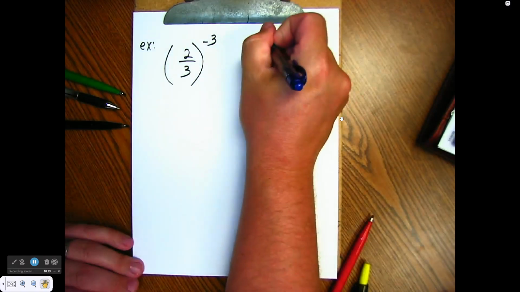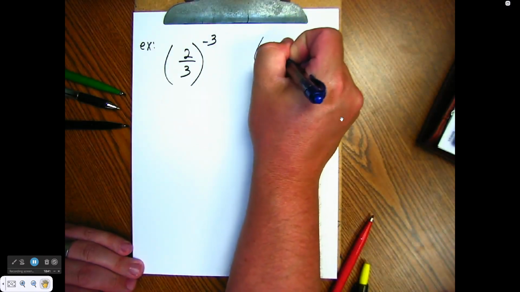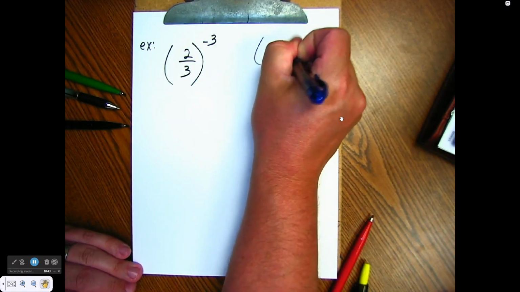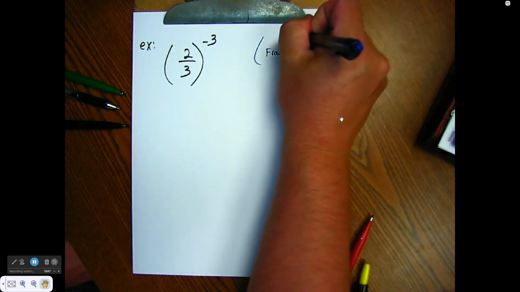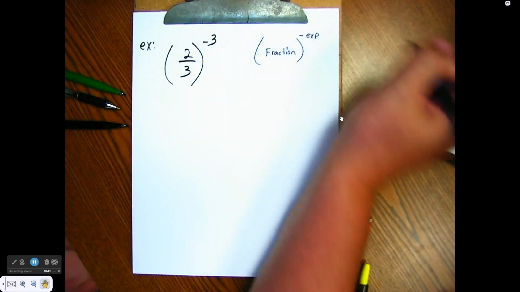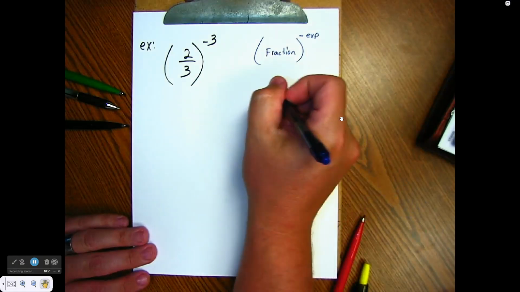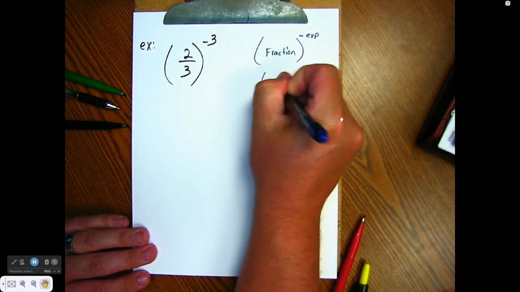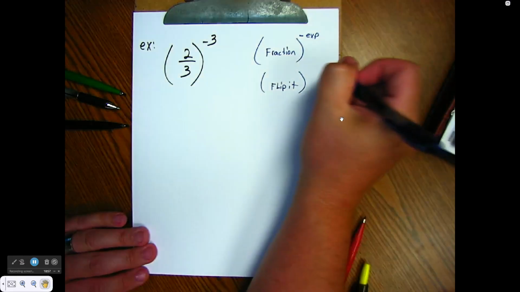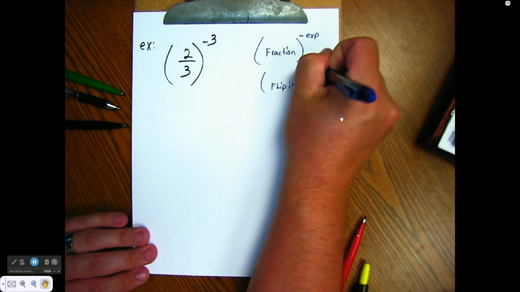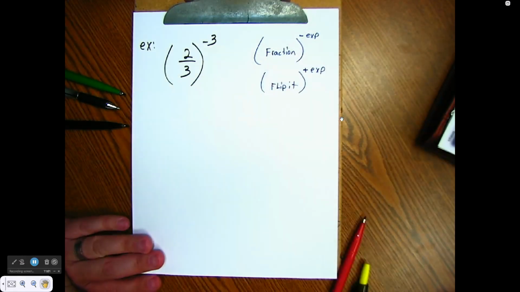Whenever you have a fraction to a negative exponent, flip it. Flip the fraction and it makes the exponent positive.